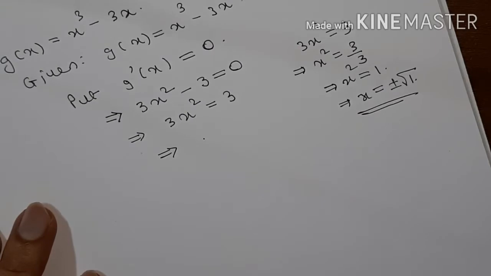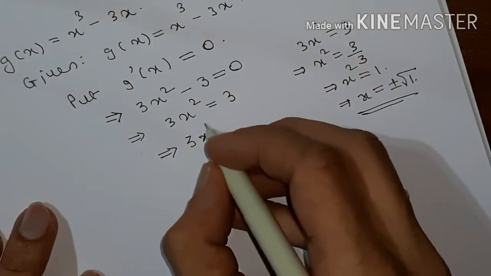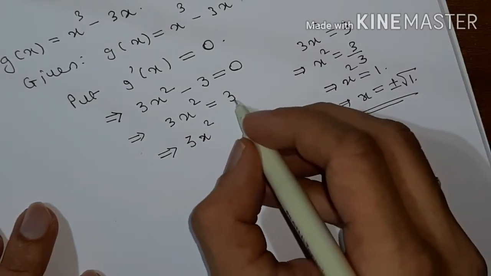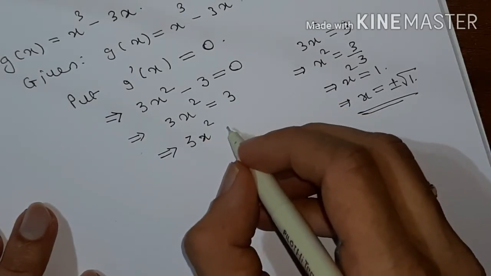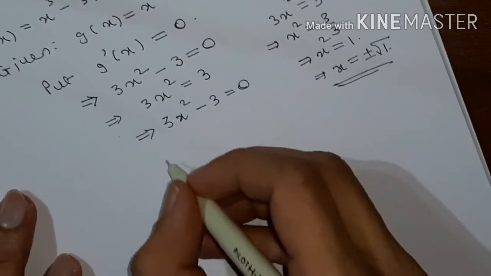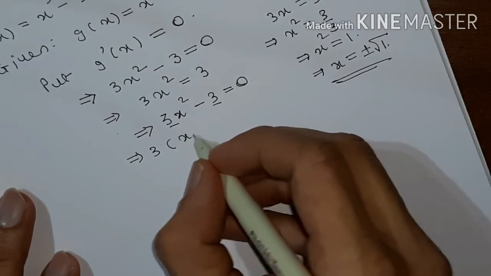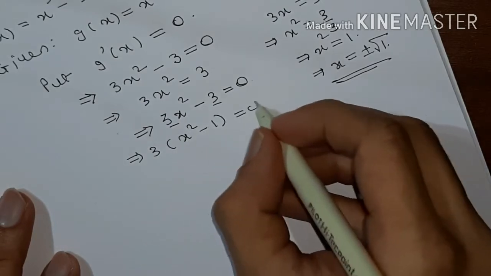This you don't do. What you do here is take the quantity on the right hand side to the left hand side. So 3x square minus 3 equal to 0. Then you take 3 common, what will remain? x square minus 1 equal to 0.